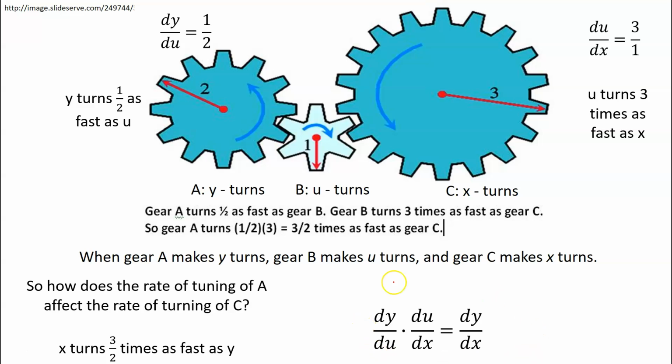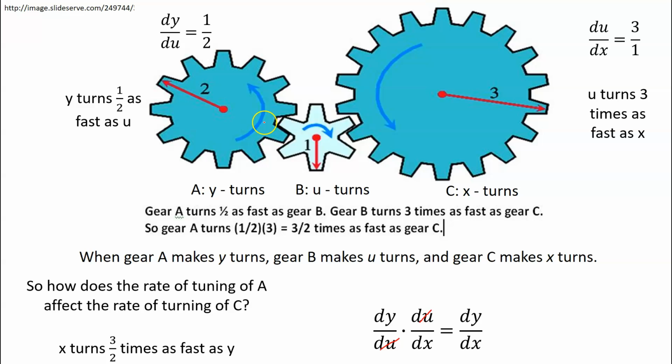And this is the idea of the chain rule here. And by the way, you don't need to write any of this stuff down. I'm trying to give you a visual explanation of the chain rule. I know, though, that the rate of change here times the rate of change here should give me the rate of change between these two, because essentially these would cancel out.